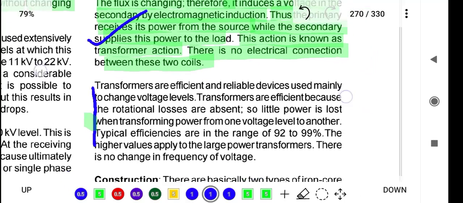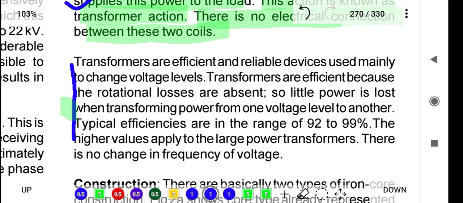Next, transformers are usually made to change the voltage level.